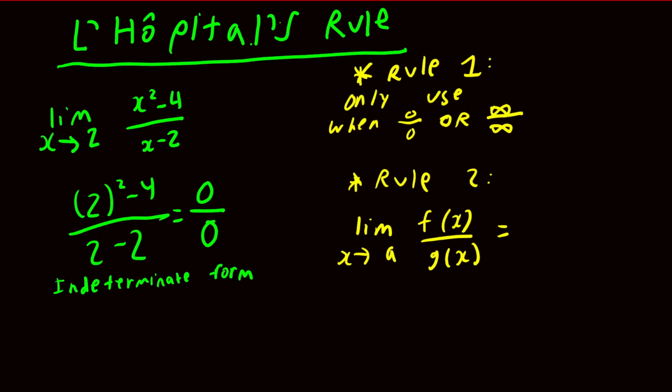As the limit as x approaches a of f of x over g of x, if the first rule is met, if it's 0 over 0 or infinity over infinity by substitution, then this is the same thing as the limit as x goes to a of f prime of x, or the derivative of f, over the derivative of g. Alright? So, let's try that out.